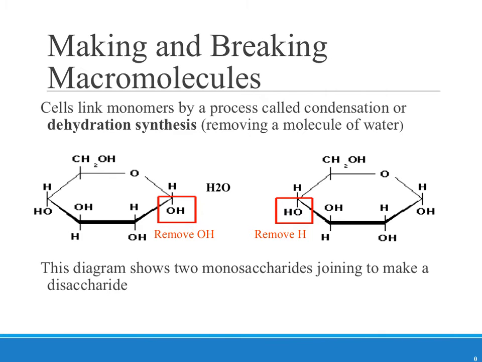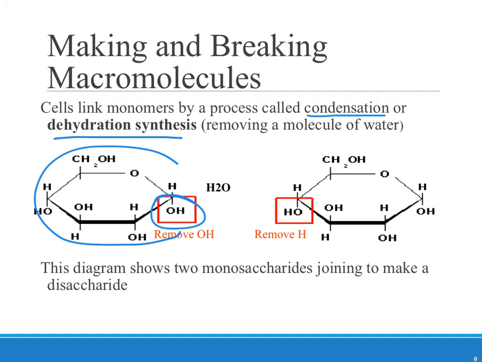Making and breaking macromolecules involves water, which is a very important part of that whole process. Cells link the monomers together by a process called either condensation, because we're taking water out of it, or dehydration synthesis. So if you look at these two monomers here, you'll see that we have an OH group, a hydroxyl group on either end.